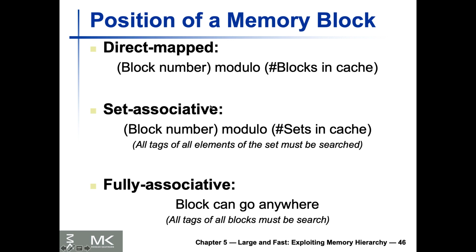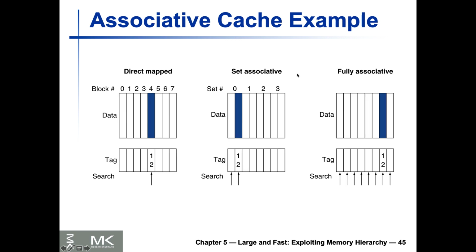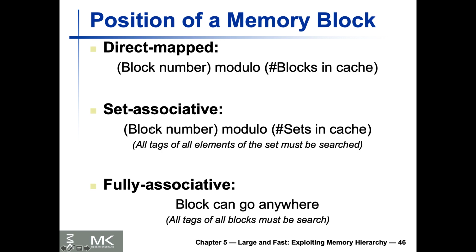As a wrap-up, the position of a memory block in each of these three is determined as follows. In direct map, it's the block number modulo the number of blocks, so 12 modulo 8 is 4. For set associative, it's the block number mod the number of sets in the cache, and then all tags of all elements must be searched within that set.